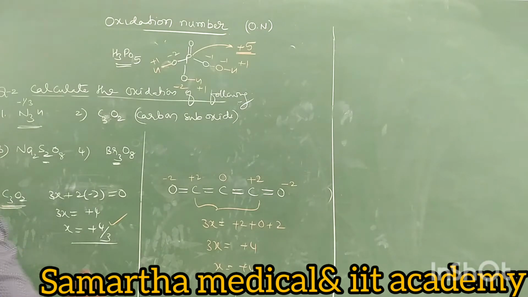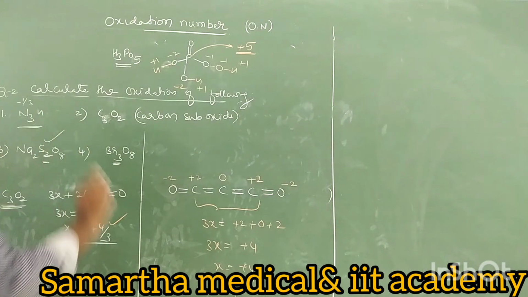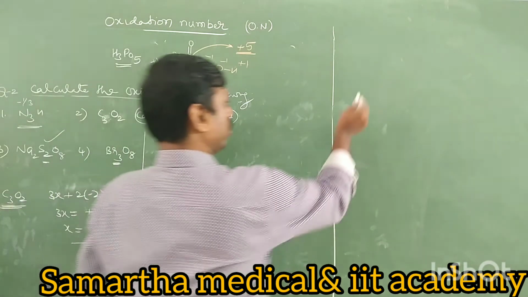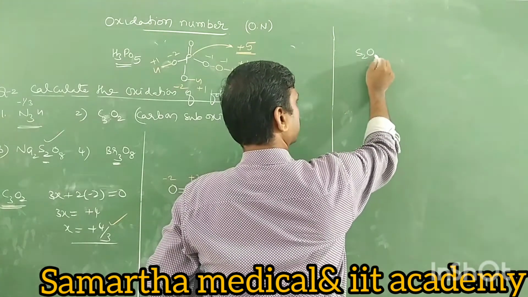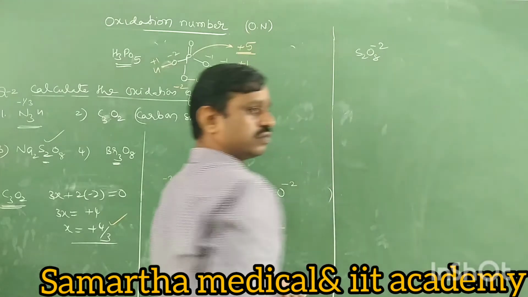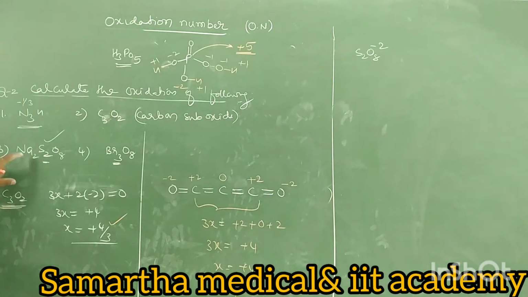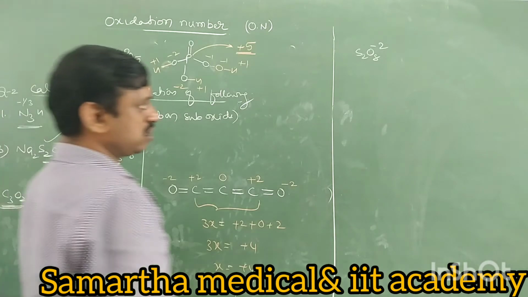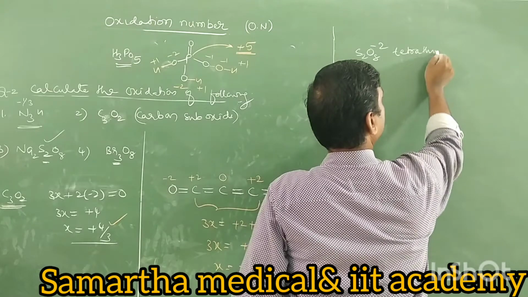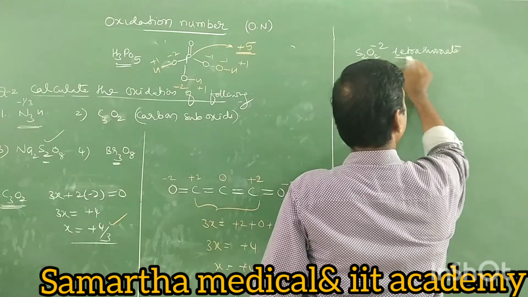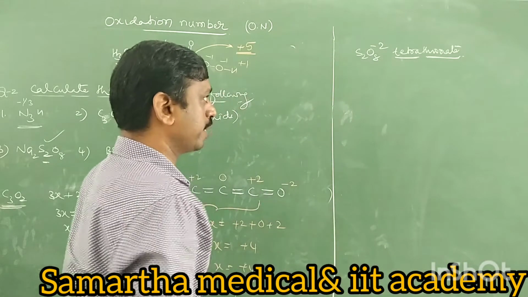Similarly, Na2S2O8. Can we write it as S2O8 minus 2, because 2 sodium is plus 2? Its name is tetrathionate.